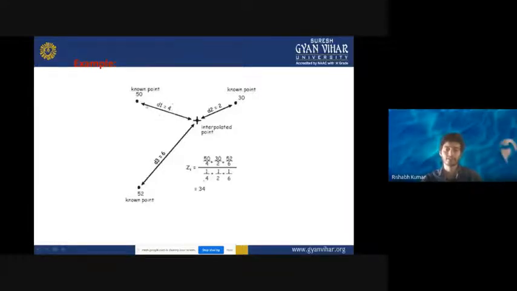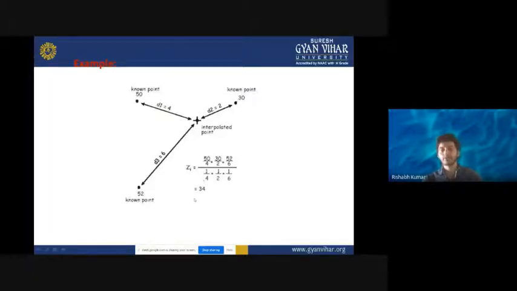What is the inverse of distance here? 1 by 4. So 50 into 1 by 4, then 30 into 1 by 2, then 52 into 1 by 6, divided by what? Divided by the summation of all the weightage that were assigned to these points. So 1 by 4 plus 1 by 2 plus 1 by 6.